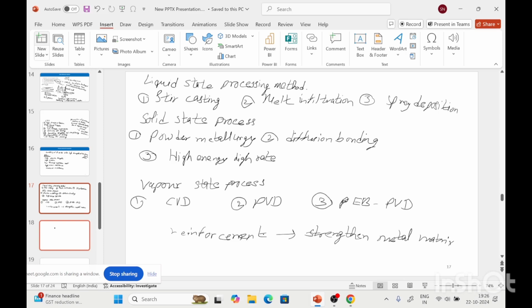It strengthens the metal matrix by grain refinement also.